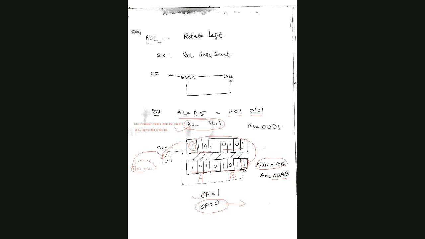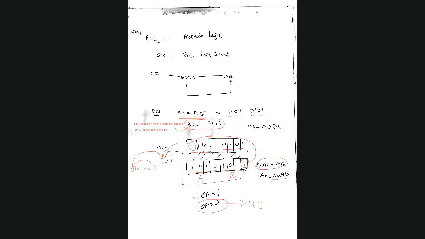Why is it undefined? It is undefined because I don't know the previous value of the carry flag. When I was copying 1, before copying what it was, I don't know. That's why it is undefined. Now remember, how do you find out the overflow flag? This is a very important question.